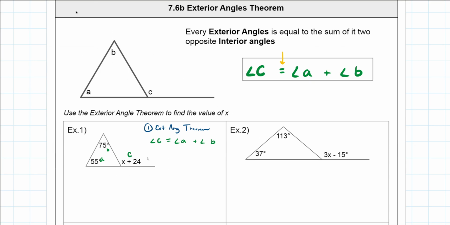Okay. Step 2. Let's plug in our angles. So angle C, x plus 24, is equal to A plus B, 55 plus 75. And then step 3 will be to simplify and solve.